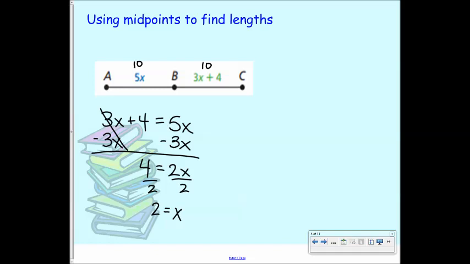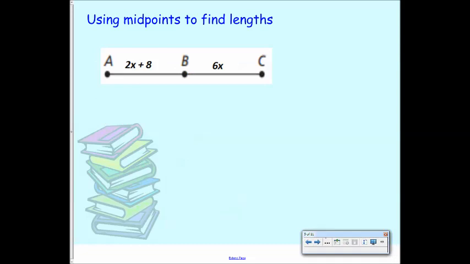All right, so what would be my algebraic equation here if B is a midpoint? 2x plus 8 equals 6x. Good, do that part at your seats. 2x plus 8 equals 6x.